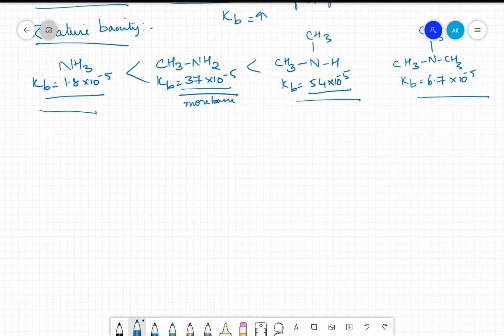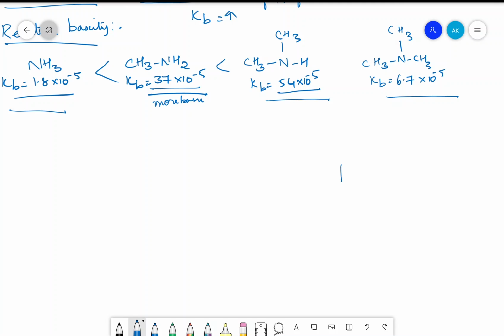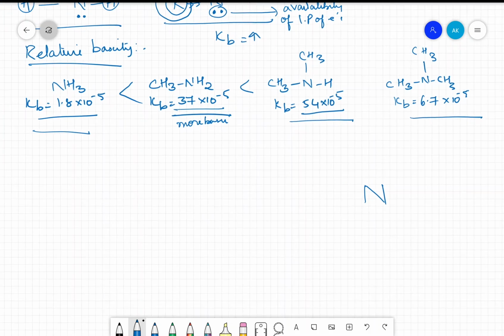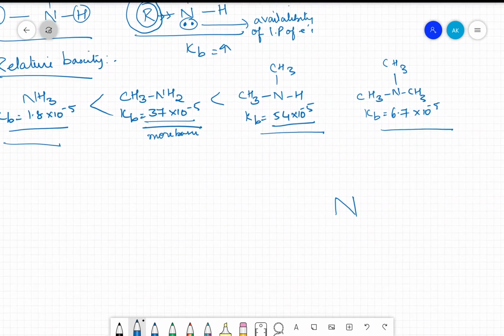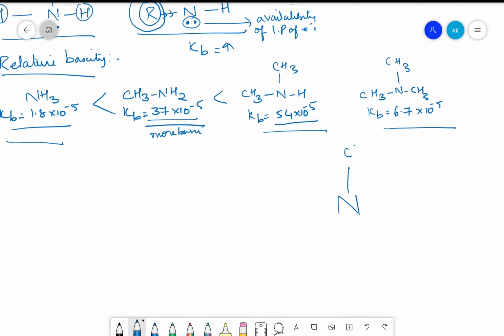The basic thing I'm trying to represent here is why the value is different for this tertiary amine, and it is because of this concept. If you have this amine and a lone pair represented here, as you know, the more electron donating groups, the more is the availability of the lone pair of electrons on nitrogen.